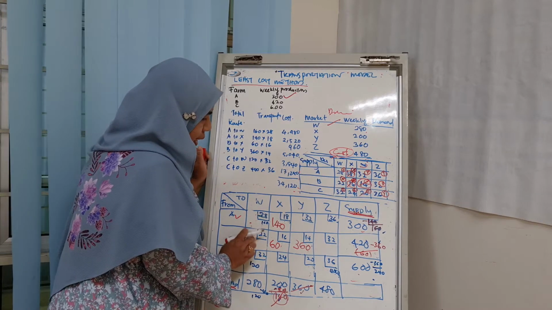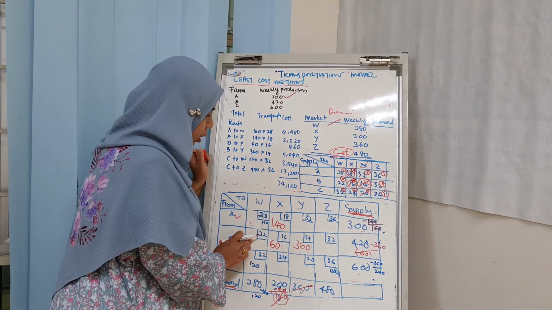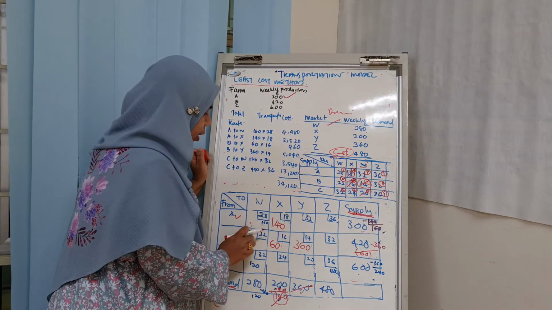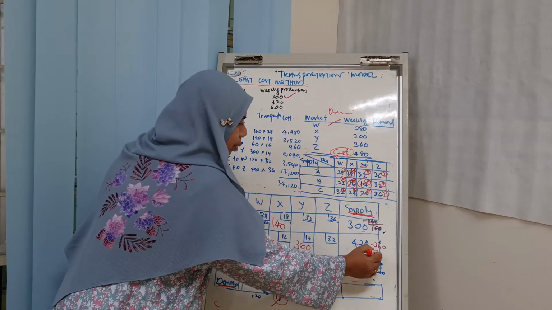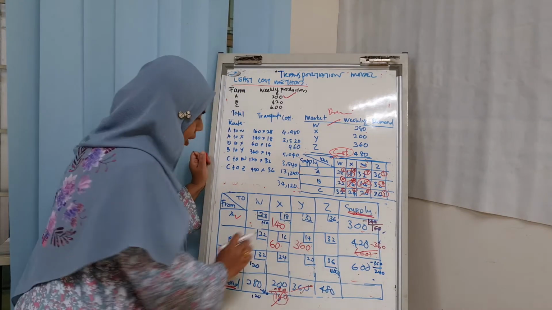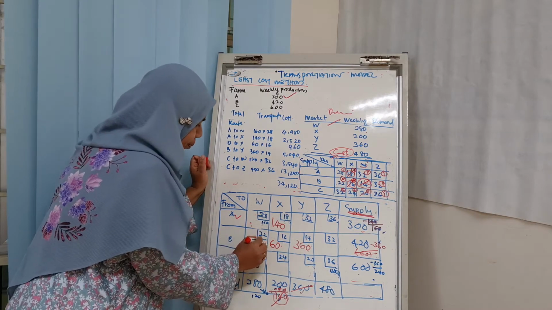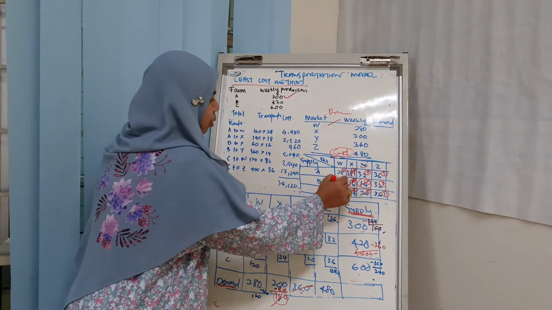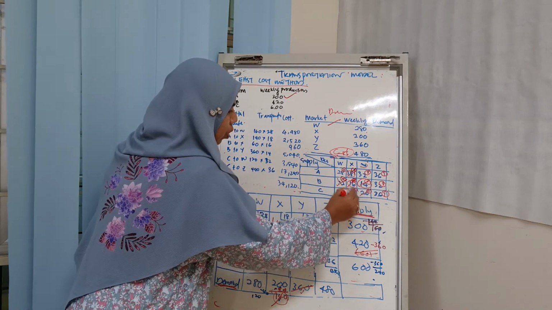This situation is the same, 20 and 22 same. Even though the cost is minimized, we cannot put here because this cell cannot supply, it is already finished, 360, so we cannot put here. Okay? And then this one is also finished, and then number 6, 24.